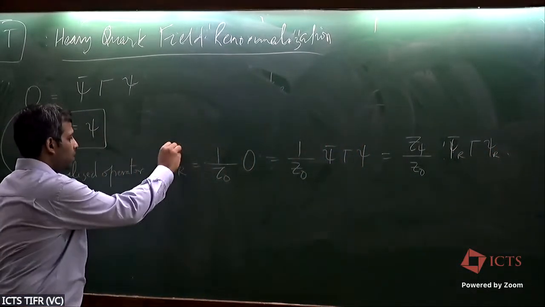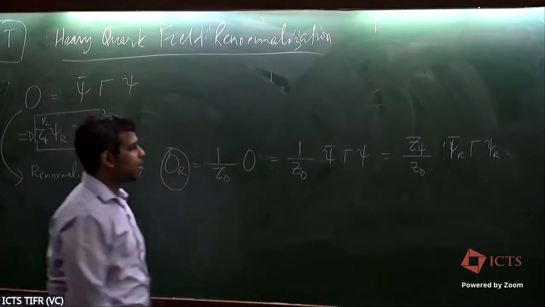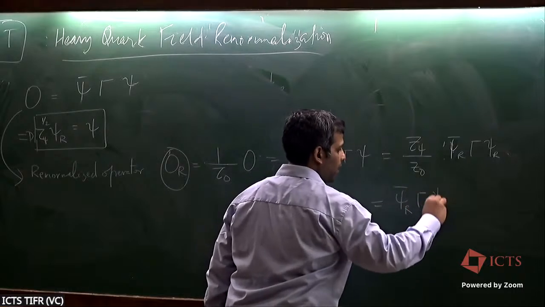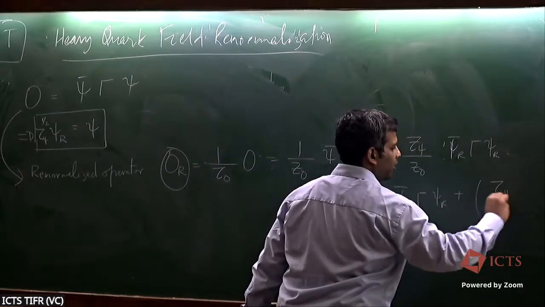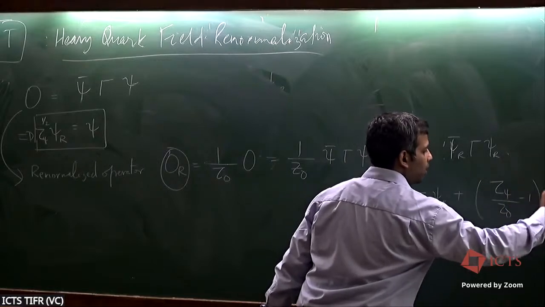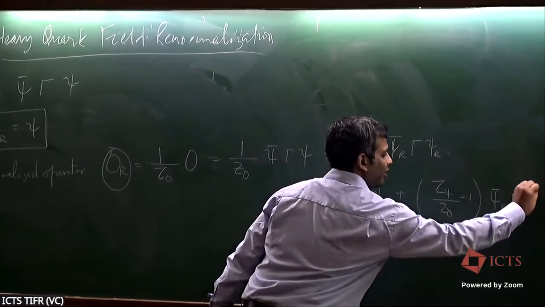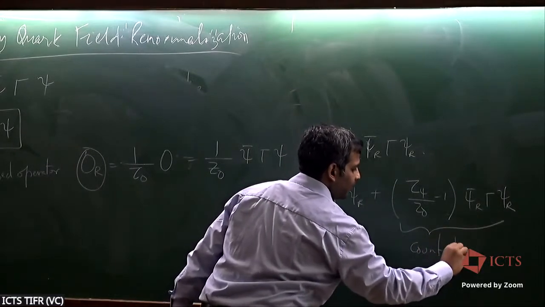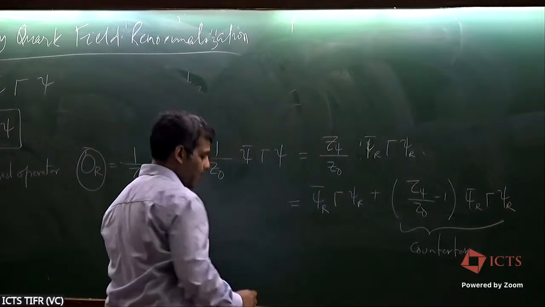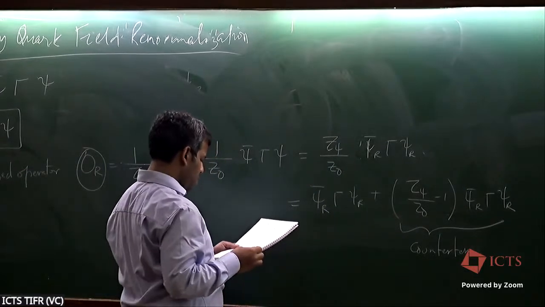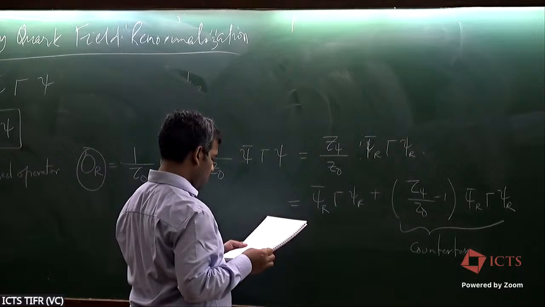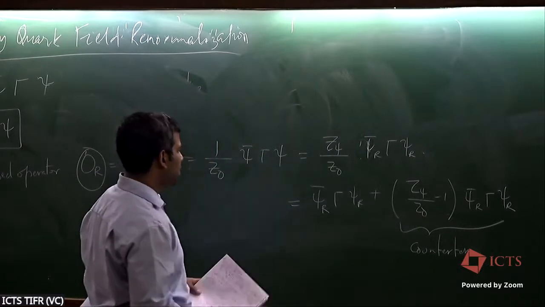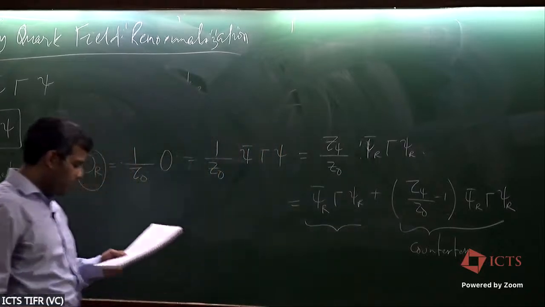For this operator to be renormalized, I would define psi bar gamma psi r plus Z psi minus Z0 minus 1, where this would be my counter term that would cancel off the divergence. And this would be my operator.